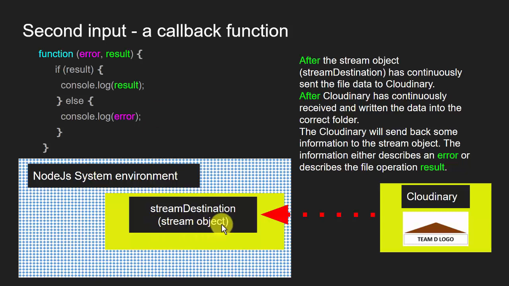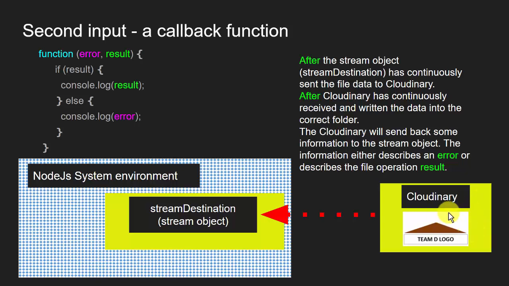The stream object, which is referenced by this stream destination variable, is going to continuously transmit file data content to Cloudinary.